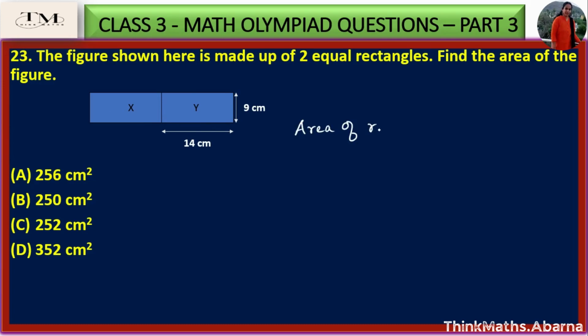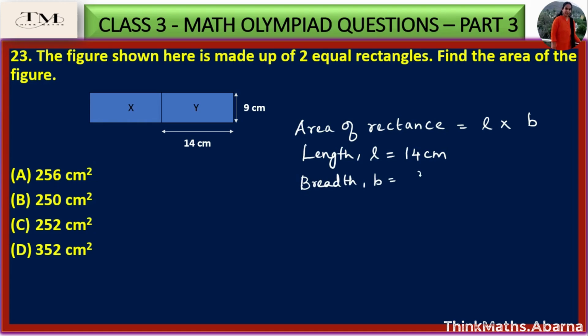How will you find the area of a rectangle? Area of a rectangle is nothing but L into B, that is length into breadth. Here length, denoted by L, is equal to 14 centimeter. Breadth is equal to 9 centimeter. So what is the area?